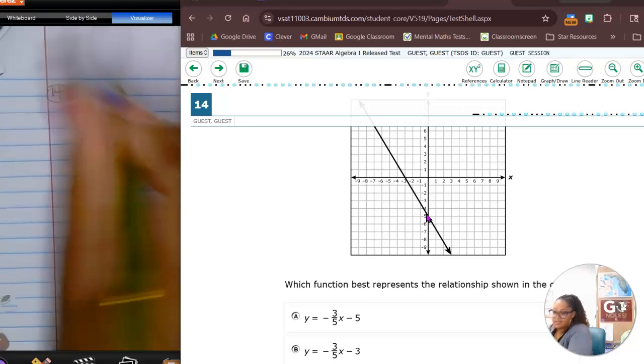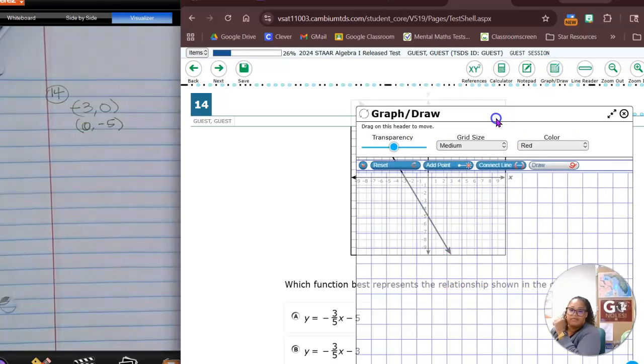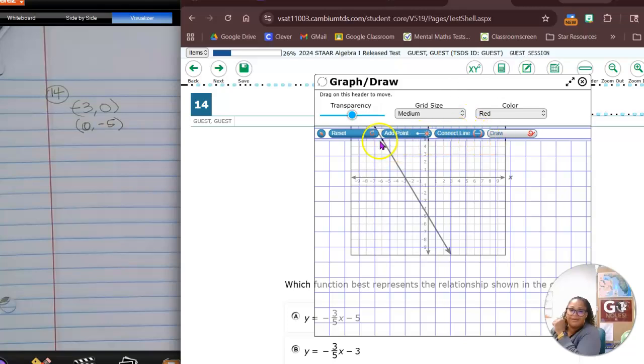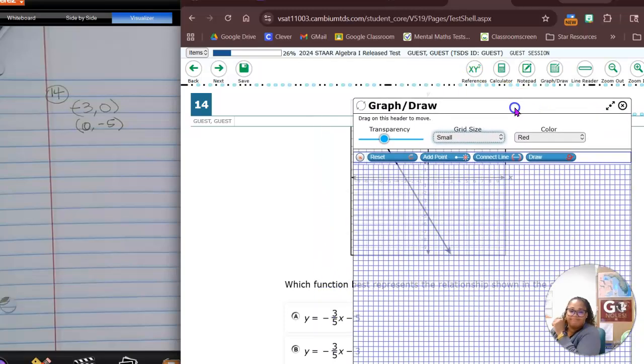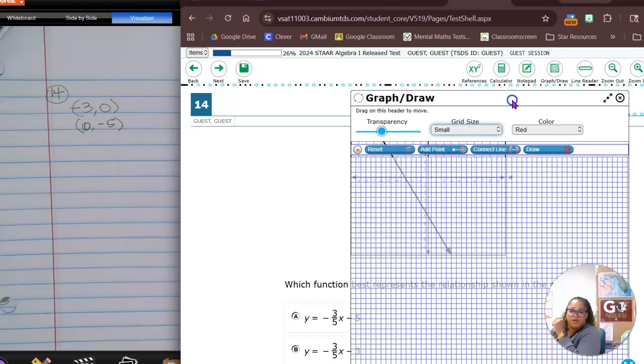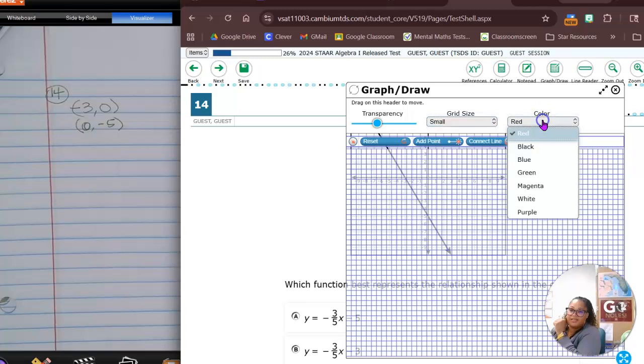And if you're feeling fancy and you want to use what these things have, you could draw a point here, but the grid lines never really align with what's on STAAR, so it's kind of weird and it's very distracting.